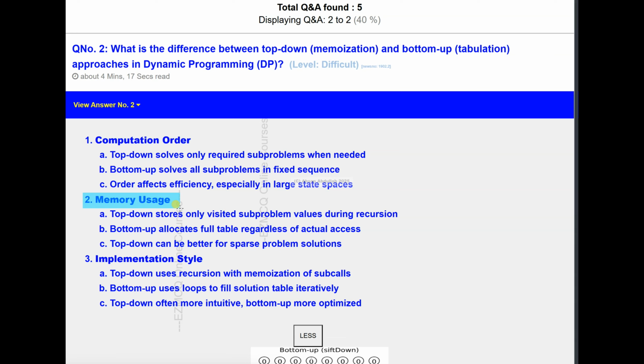On the other hand, bottom-up requires full memory allocation upfront, which can be inefficient for large spaces or even moderate spaces which are sparse. So there's a trade-off, and this trade-off influences which method is suitable for different deep reinforcement learning architectures.